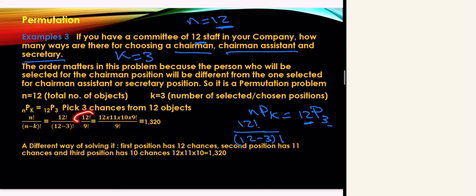So I have to expand the top one until I reach 9, so it can cancel. So 12 times 11 times 10 times 9 factorial, and the 9 factorial will cancel with the denominator.